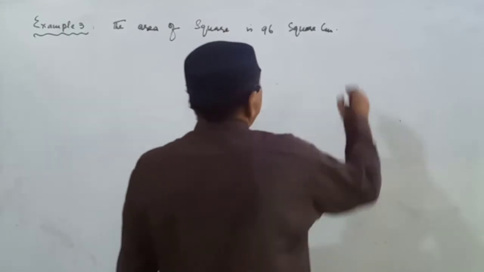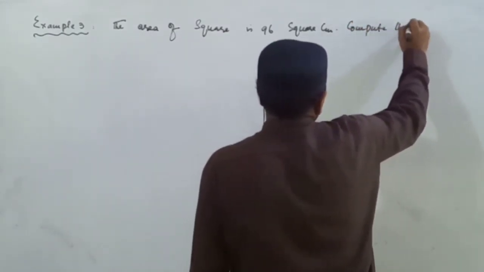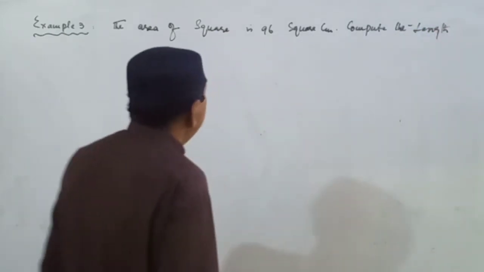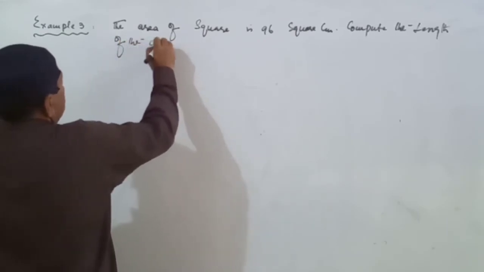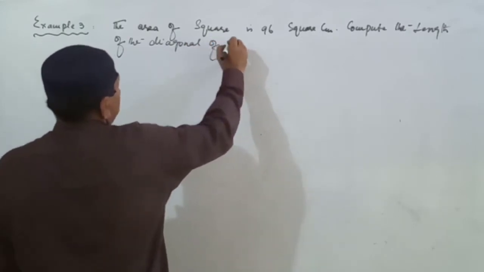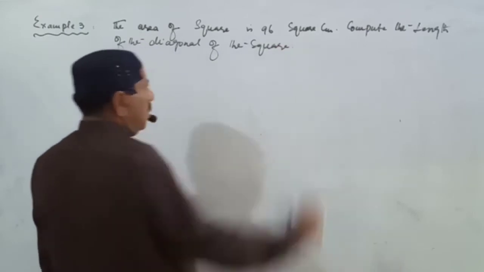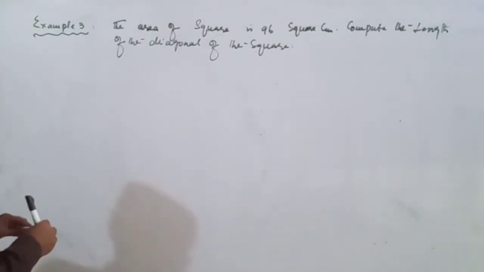Compute the length of the diagonal of the square. So, solution.